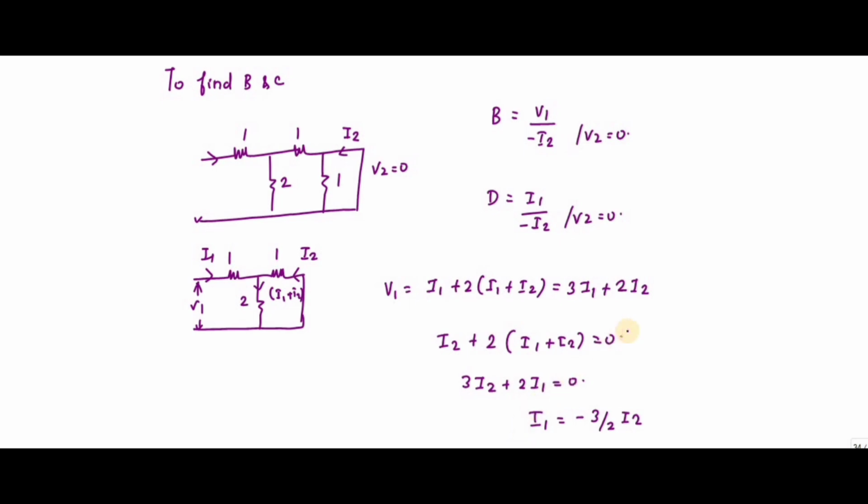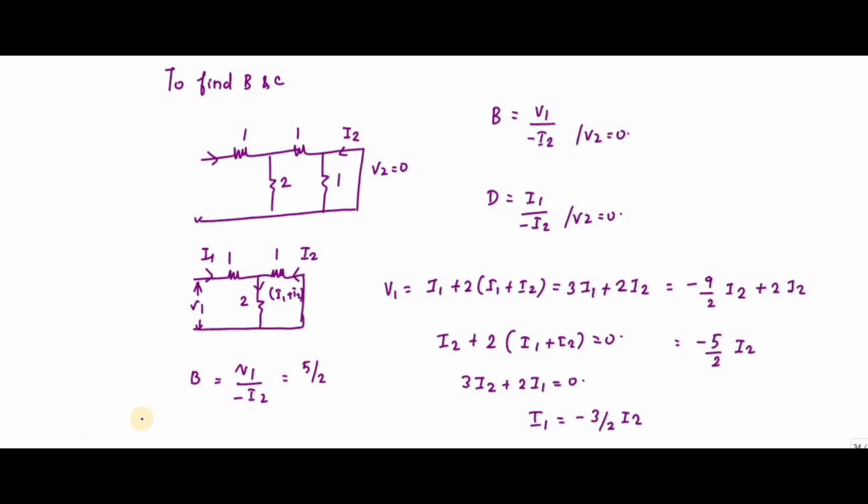Substituting in this equation, you will get minus 9 divided by 2 into I2 plus 2I2, which is minus 5 by 2 I2. So V1 by minus I2 is 5 by 2. This is nothing but B.